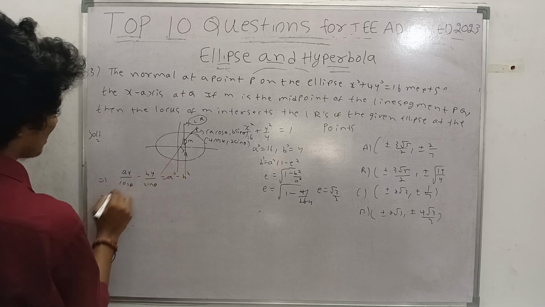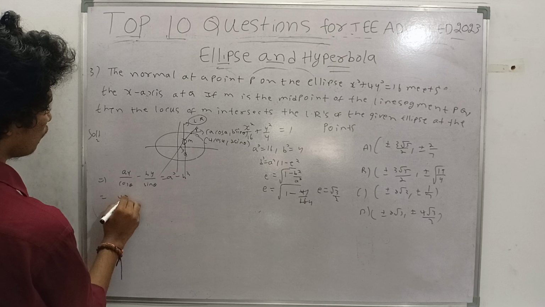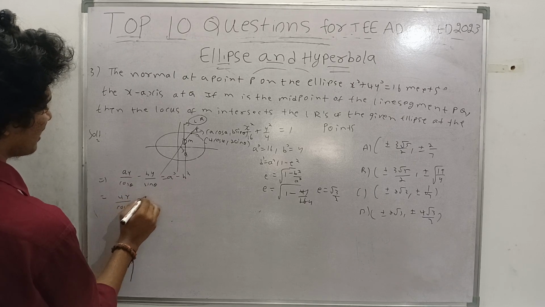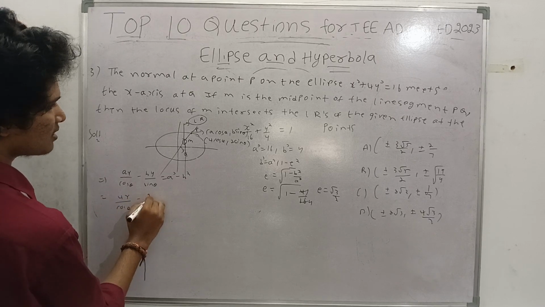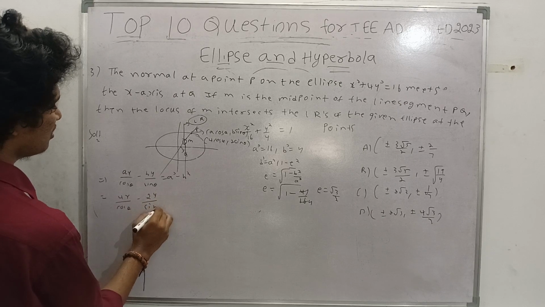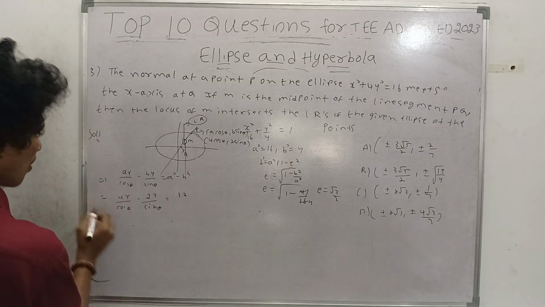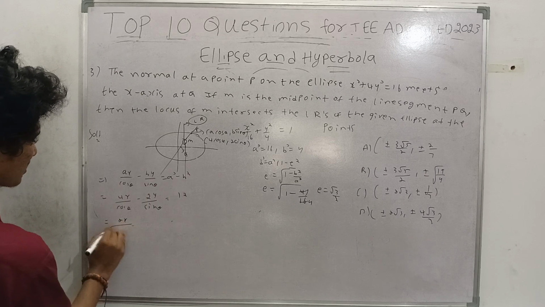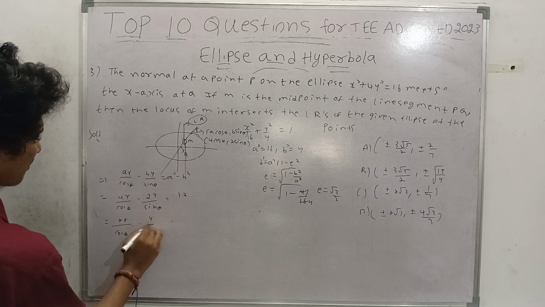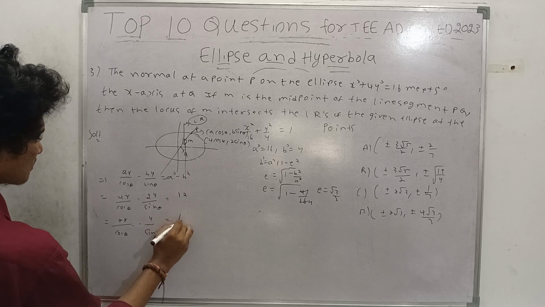Here a is 4, so 4x divided by cos theta minus, b is 2, 2y divided by sin theta equal to a square minus b square, 16 minus 4, it will be 12. So if I take common 2 and cancel, it will be 2x divided by cos theta minus y divided by sin theta equal to 6.